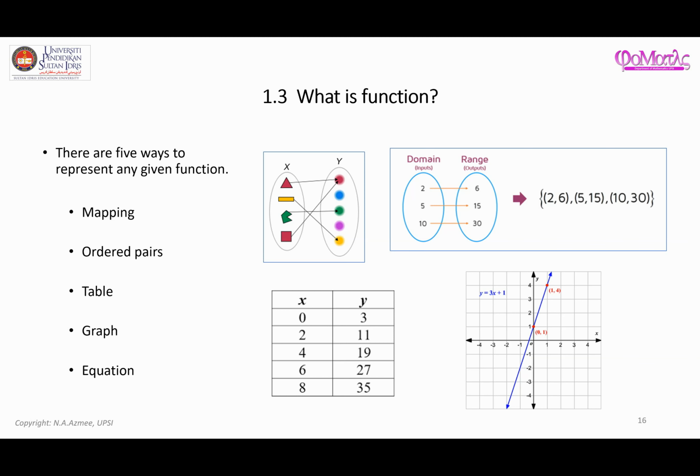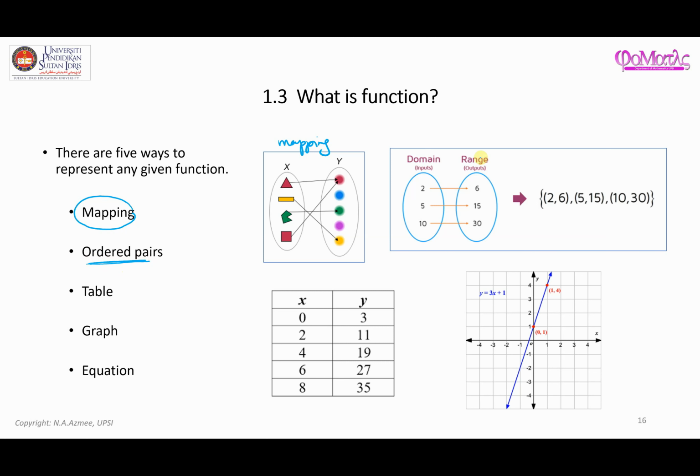Now, apart from representing a function using the idea of mapping, which you have seen in the previous video, well, this is mapping. You can also use different ways to represent any given function. The first one that we're going to look at is ordered pairs, and this is something that you have seen in the previous video as well.